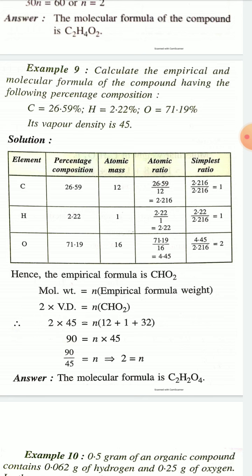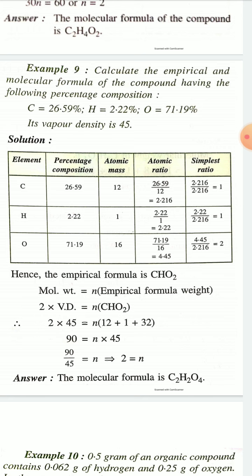In the last video I told the relation between vapor density and molecular mass: molecular mass is equal to 2 into vapor density. So molecular weight of the compound becomes 2 into 45, that is 90.